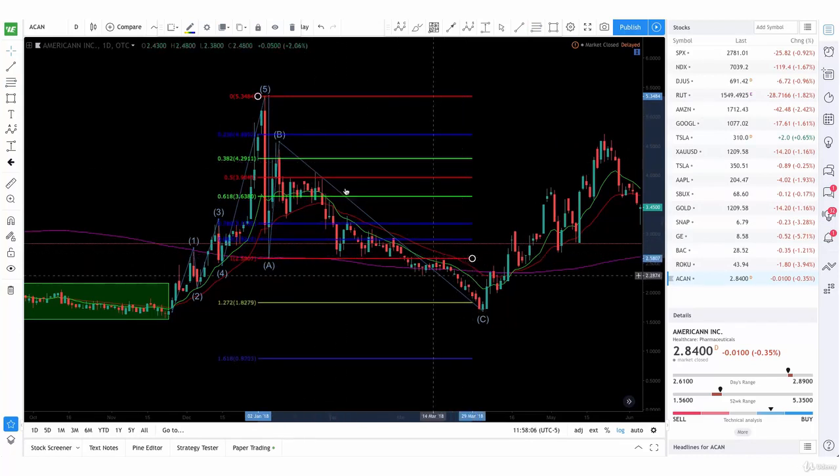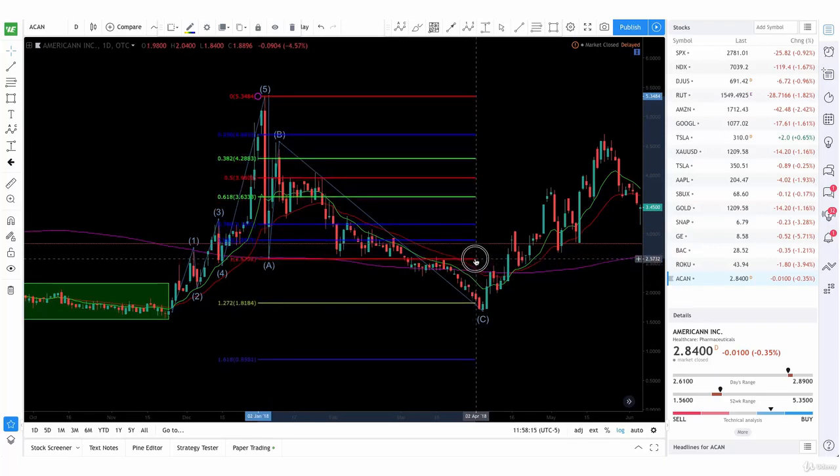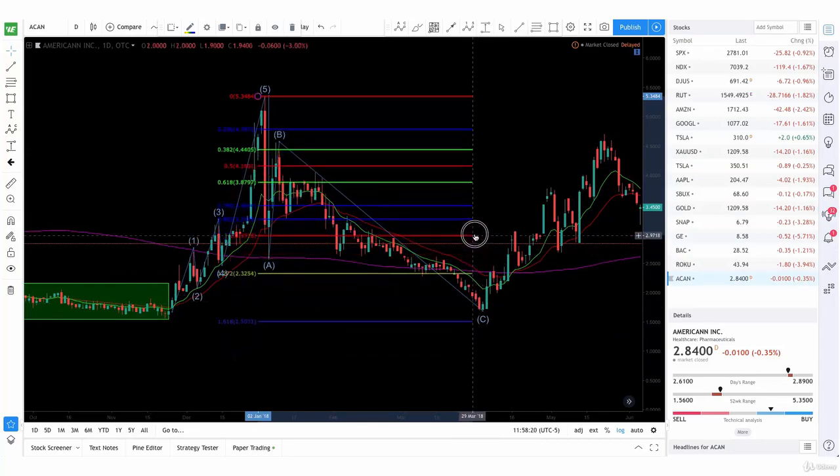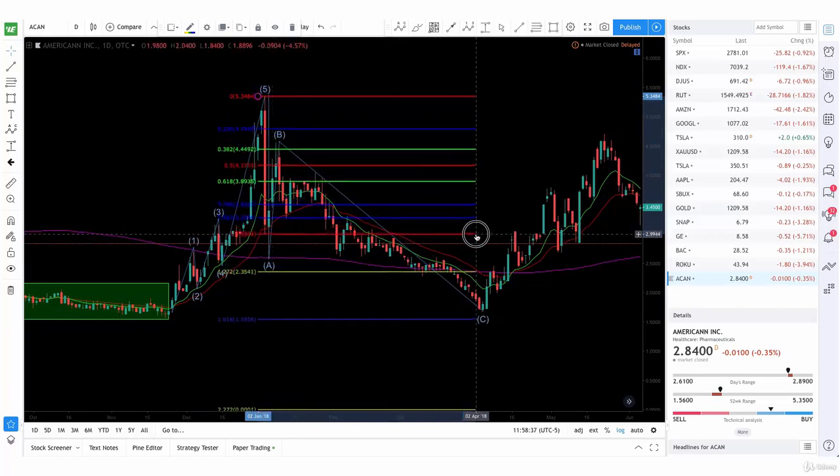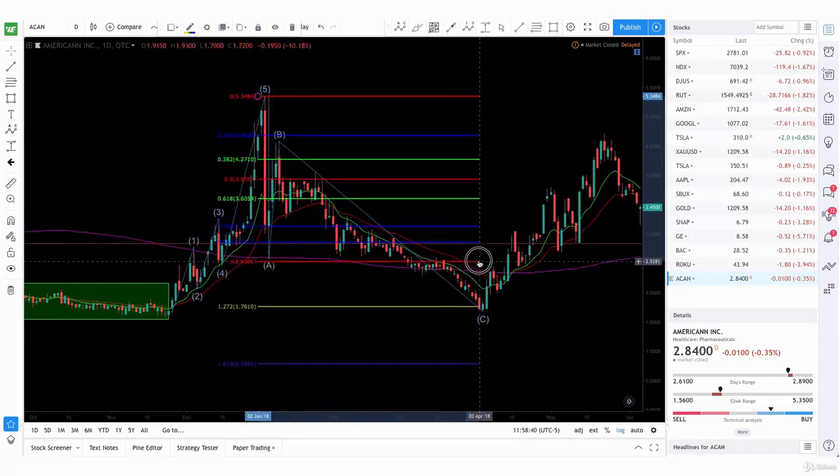Usually wave C is 1.6 times wave A. What are you looking at here? If you take the bottom, it will give you all the way down here. So it didn't work. Now, if we take the closing of the candle, see how it fit right there? It stops right there. So it became wave C, it went all the way to the 1.6 fib extension of wave A. So you want to play with this. You want to try the closings of the candles or the wicks.